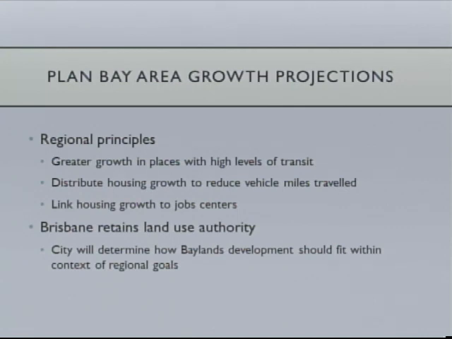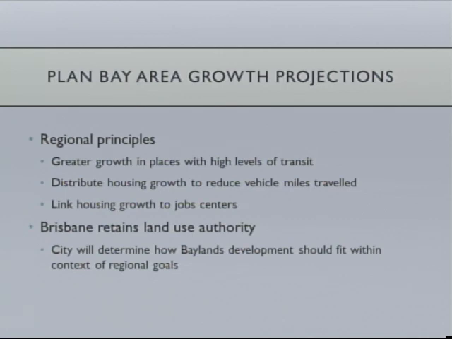There is a regional document called Plan Bay Area, and the derivation of Plan Bay Area is based on state laws that are aimed at reducing greenhouse gas statewide and achieving a major reduction in GHG emissions statewide.